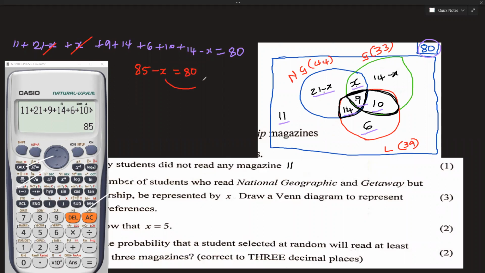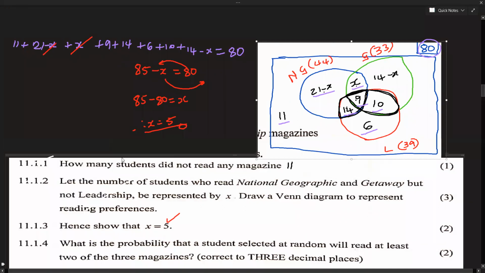So I'm going to take the minus x that side and the 80 this side. So I'm going to have 85 minus 80 equals x. Therefore, x equals 5. And then we have proved that one, right? That is proven. Perfect.